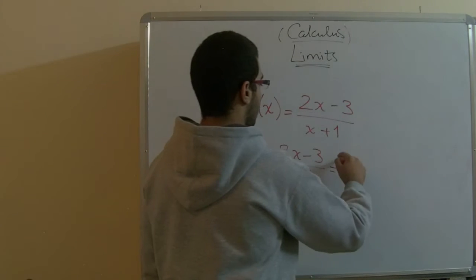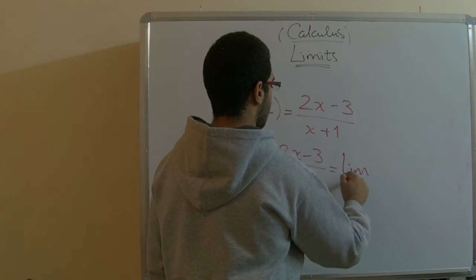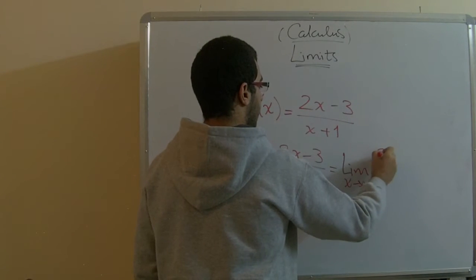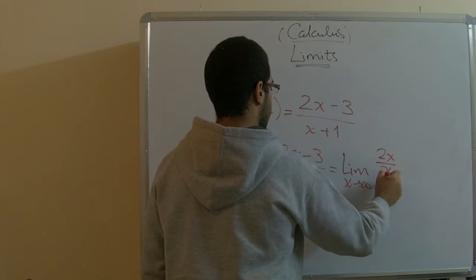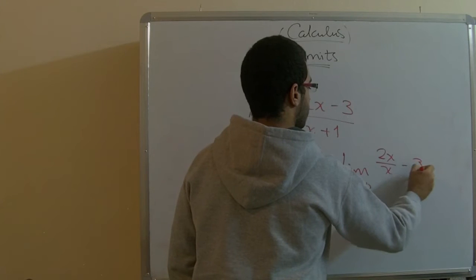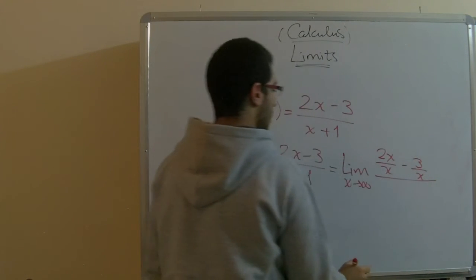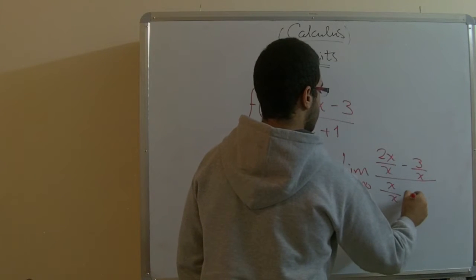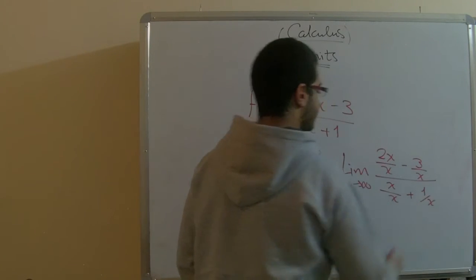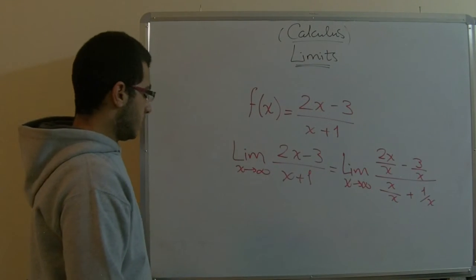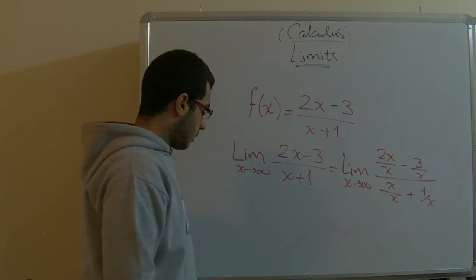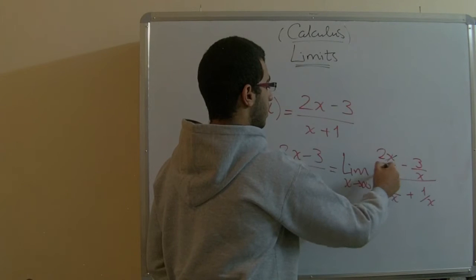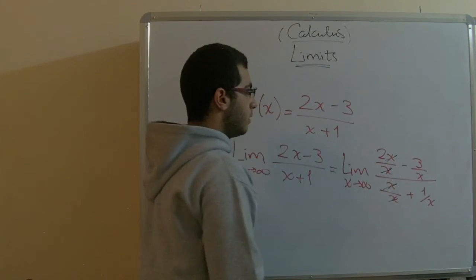Alright, here we have the limit as x approaches infinity of 2x over x, minus 3 over x, over x over x plus 1 over x. So this is the shape of our problem. Of course, x over x gives 1 in both places.